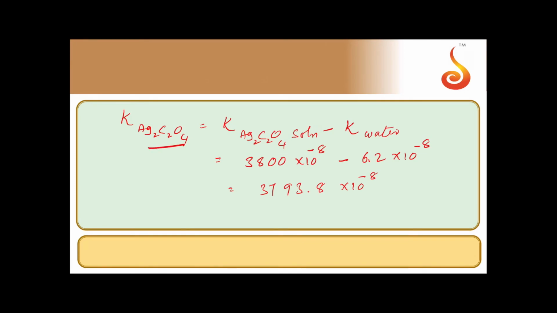Then we need to find the λ° of silver oxalate, Ag2C2O4. This will be equal to κ into 1000 by molarity.